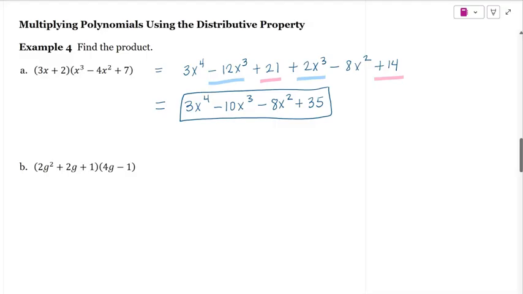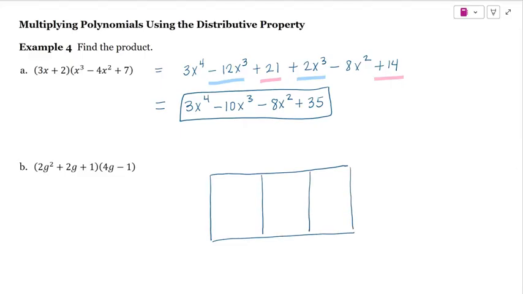Looking at example B, I'm going to show you a different method that sometimes is helpful for organizing the terms. It's called the box method. So I'm going to draw a box here that is 2 by 3 because I've got 3 terms in one polynomial and 2 terms in the other polynomial.